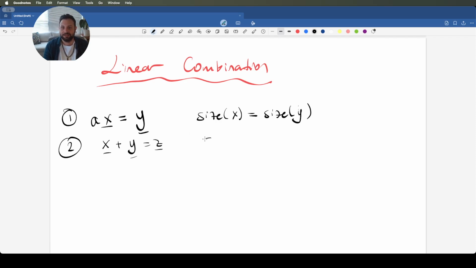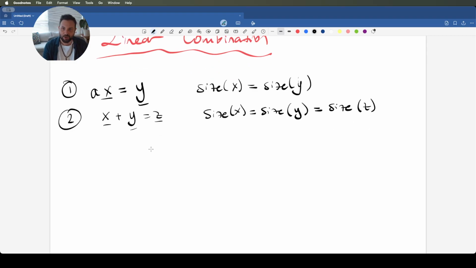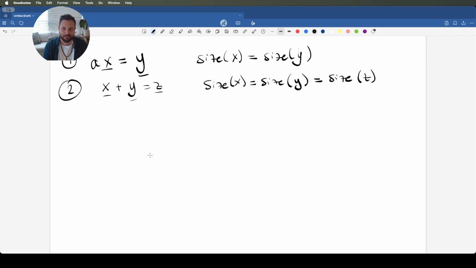So it goes without saying that in order to add x and y, the size of x must be the same as the size of y, which gives a vector of the same size, the size of z. These are the essential rules. That goes without saying, but I thought I should say it.